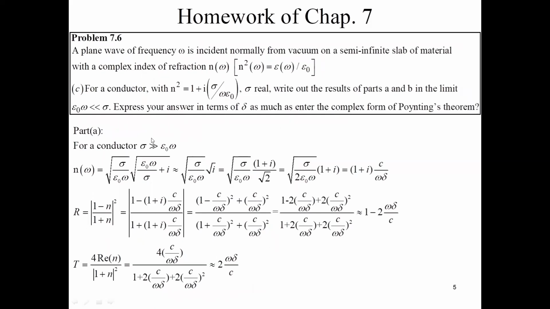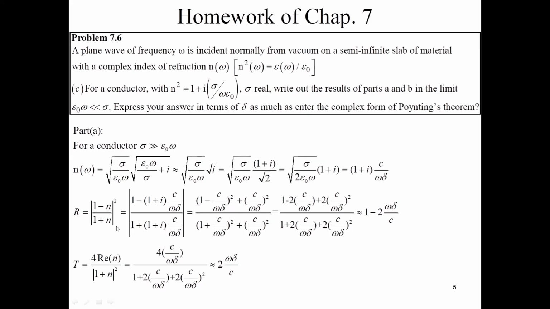And then for problem C, we want to look at the situation for a conductor. For a conductor, we know that sigma is very much bigger than epsilon 0 times omega. So here, the index n can be reduced into this result.